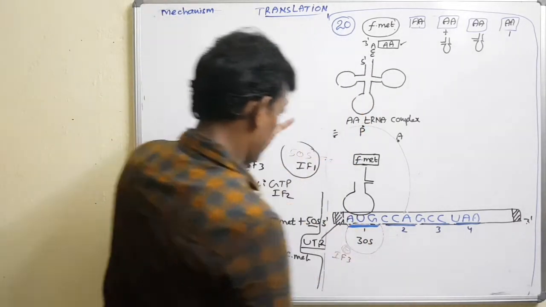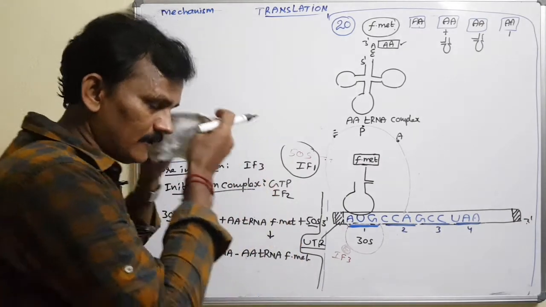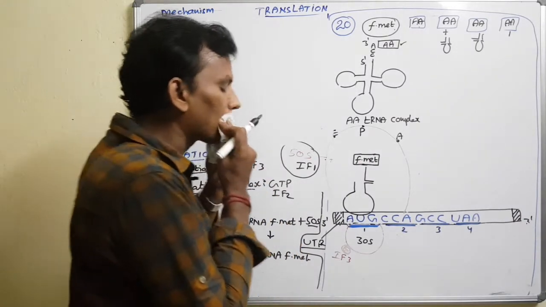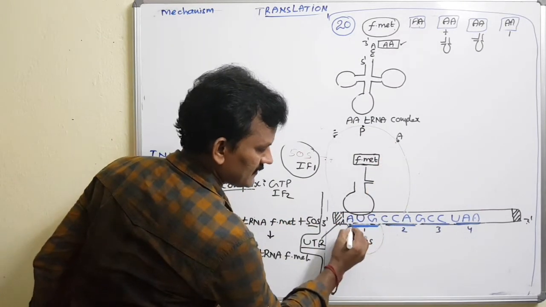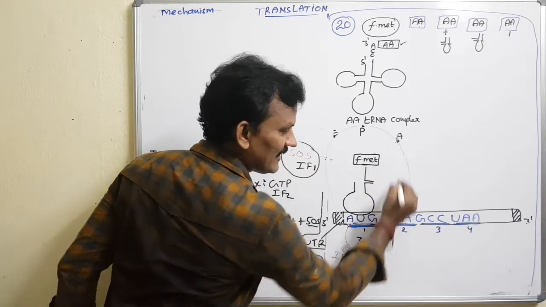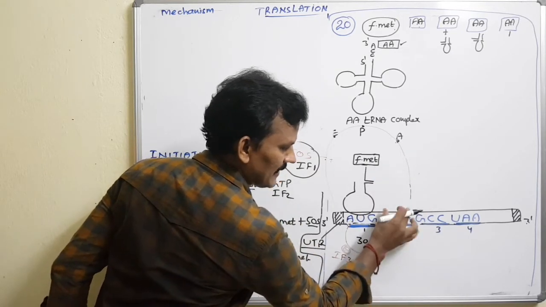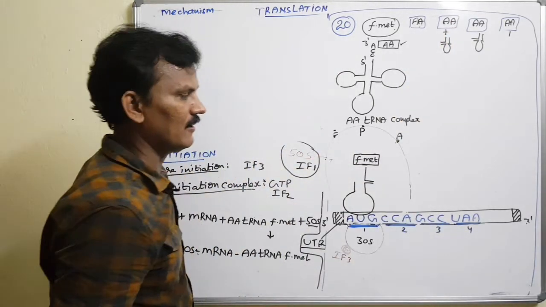This is the A site. This is the first codon, and adjacent to the first codon is the A site. It is vacant, it is empty. It needs to become complementary with another tRNA.